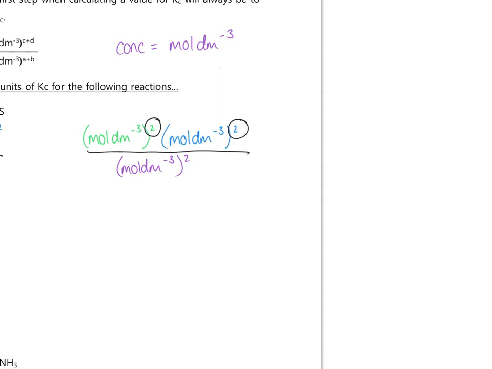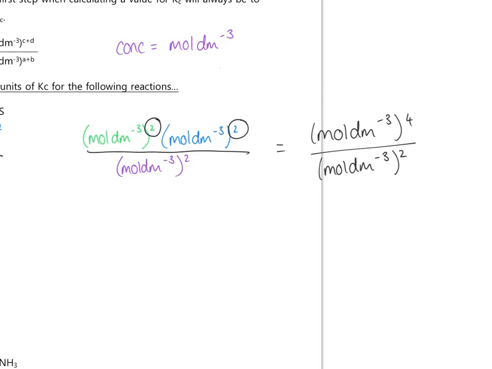So for example, x squared times x cubed gives x to the power 5. If you treat moles per decimeter cubed as your x, we've got x squared times x squared, which is x to the power 4. So my units on the top are going to be moles per decimeter cubed to the power 4, divided by, we can't simplify the bottom, moles per decimeter cubed to the power of 2.